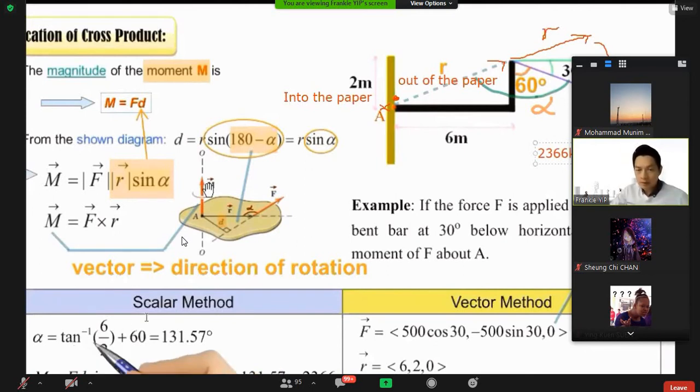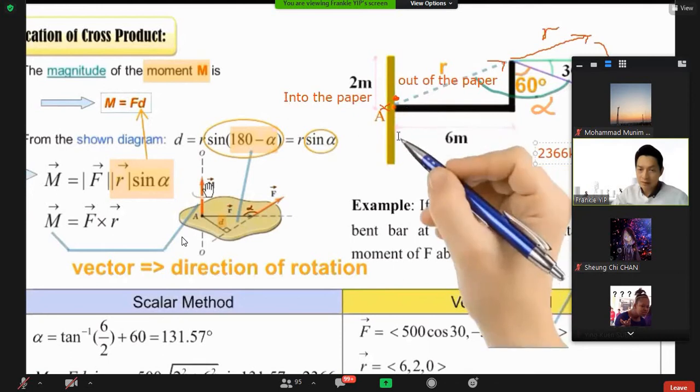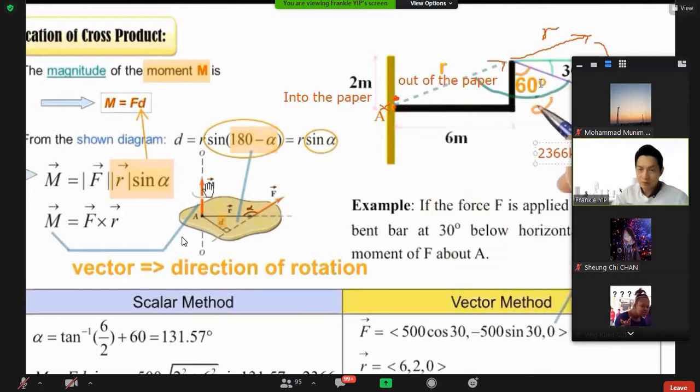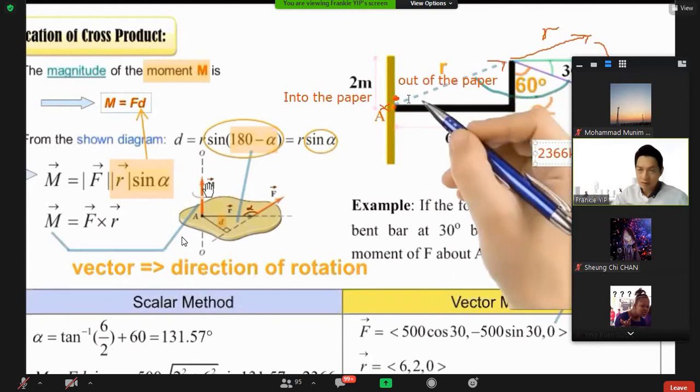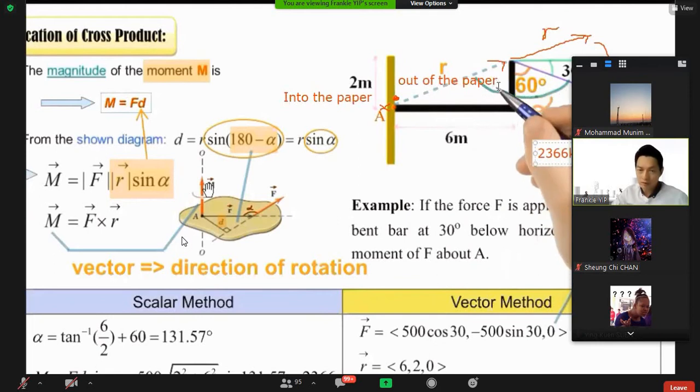And how about the scalar method? The scalar method is you just find out the alpha over here, and then use the F magnitude. This one is 60 and this one is tangent of 6 over 2, and then we have this angle.